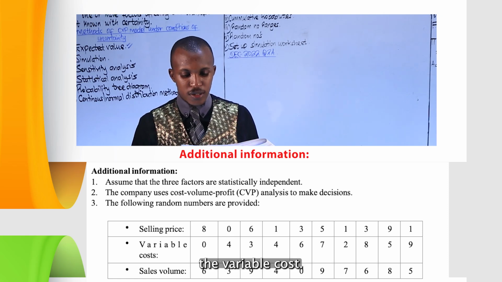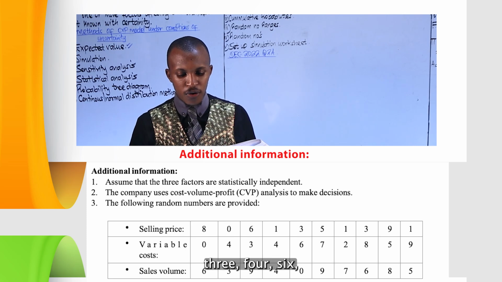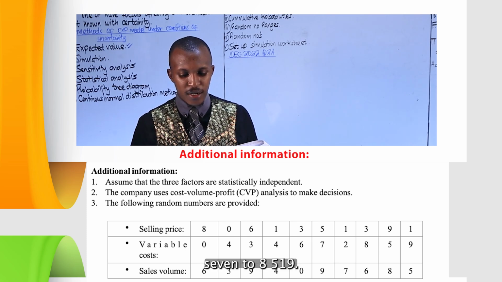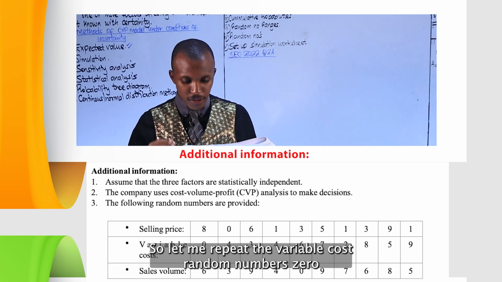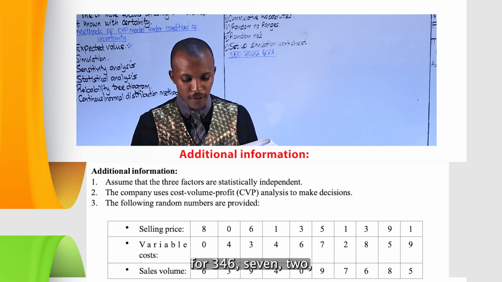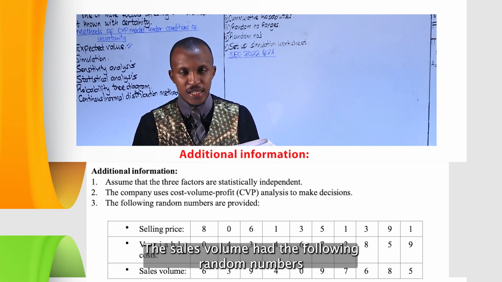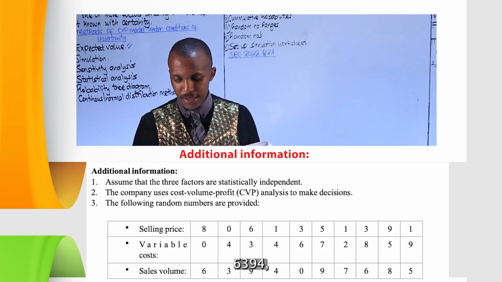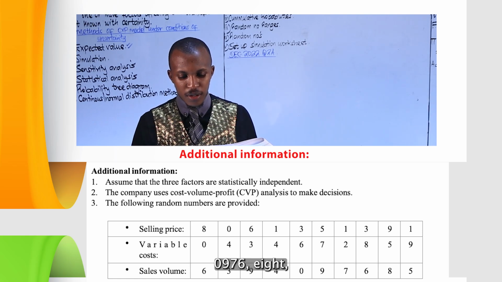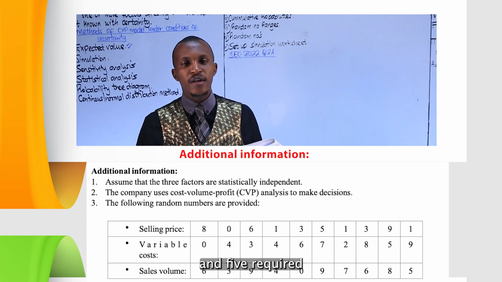For variable cost: 0, 4, 3, 4, 6, 7, 2, 8, 5, and 9. The sales volumes had the following random numbers: 6, 3, 9, 4, 0, 9, 7, 6, 8, and 5.